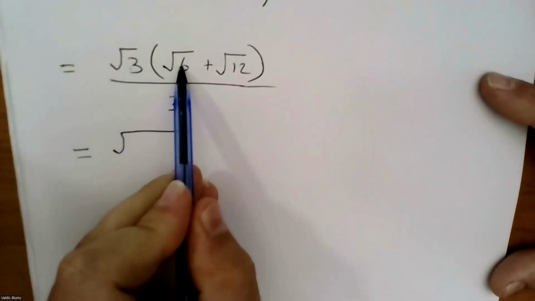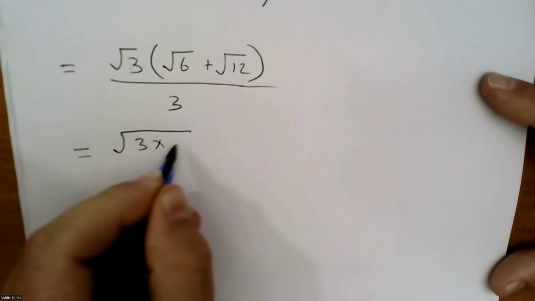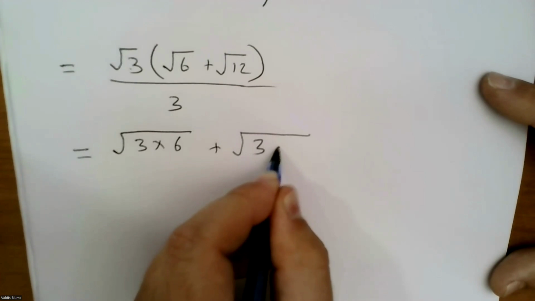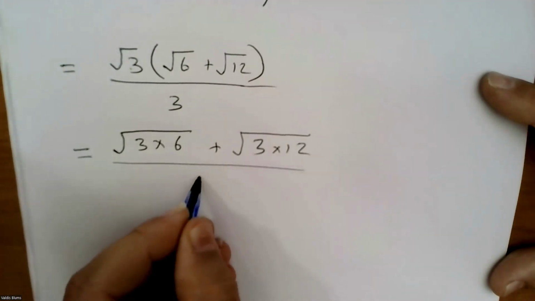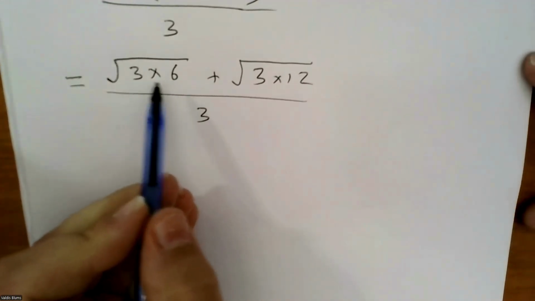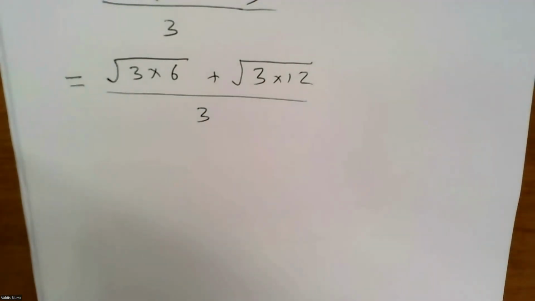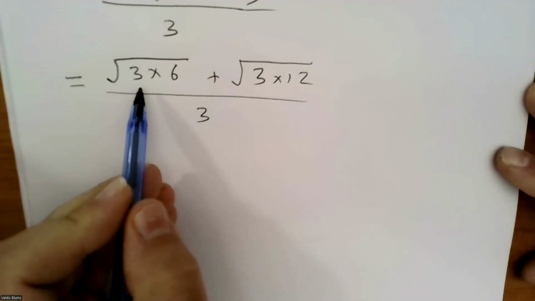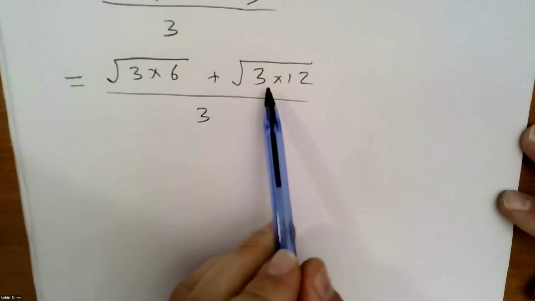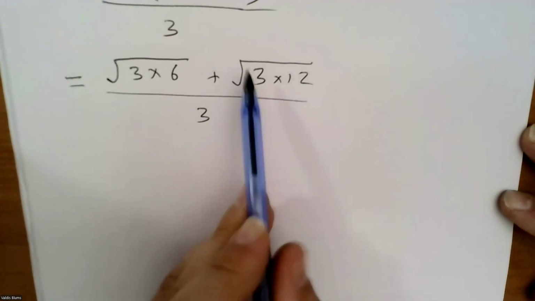So you got square root 3 times by square root 6. Let's just bring them all under the same square root symbol. So 3 times by 6. Same thing with the 12 as well. 3 times by 12. Now, I could combine these together to get 18 and 36, but it may not necessarily be the easiest approach. Now, it just happens in the last example, we saw that, well, 36 is a perfect square. So it probably was easier just to combine that one.